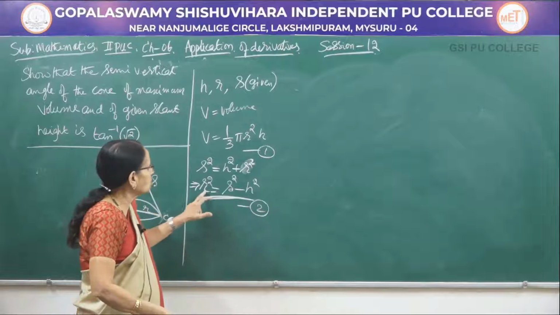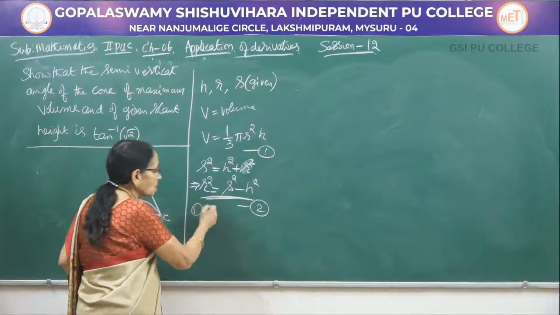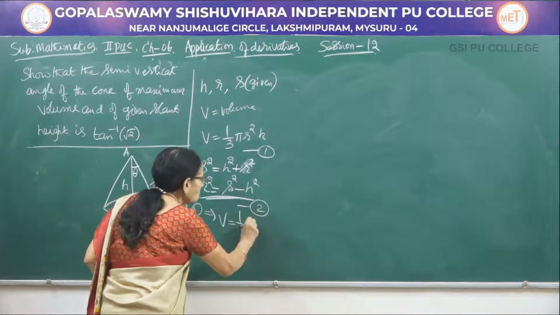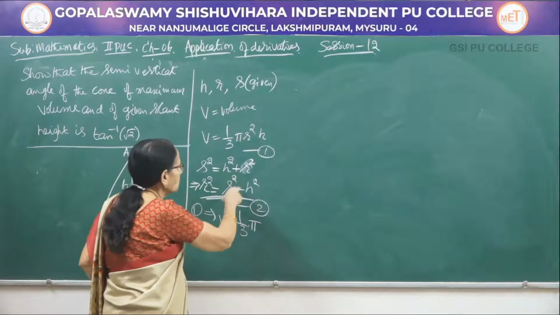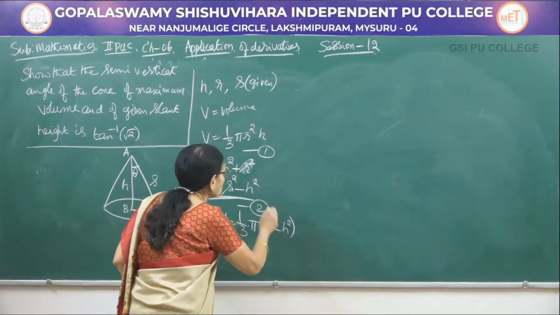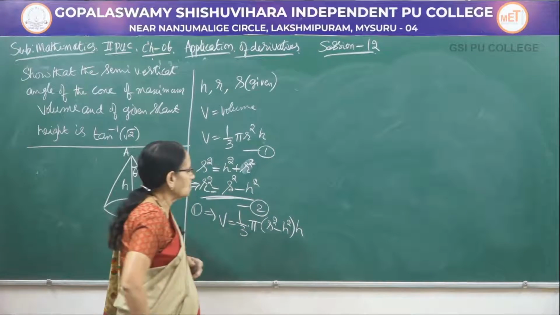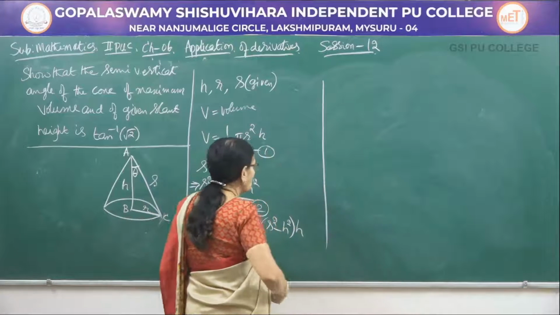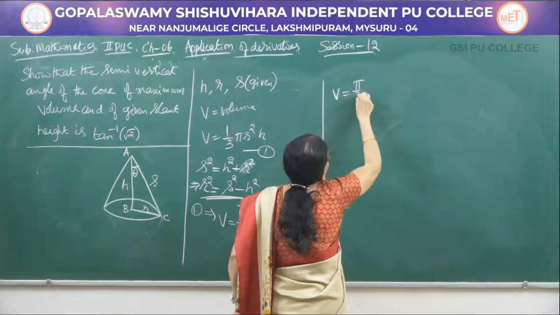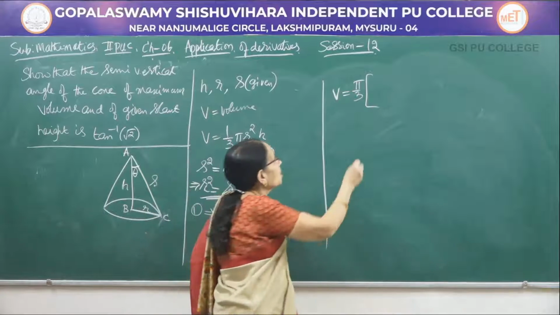Now substitute for R square in result 1. Therefore result 1 becomes V is equal to 1 by 3 into pi into R square. How do you write R square? It is S square minus H square, into that another H, which I am writing as it is. Now let me rewrite this so that we can easily differentiate. So V would be equal to pi by 3, now multiply both these quantities by H which is outside.